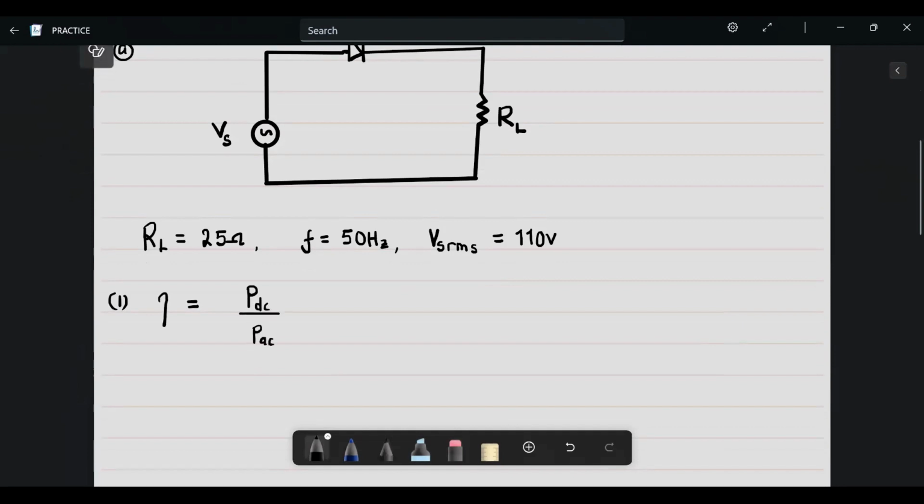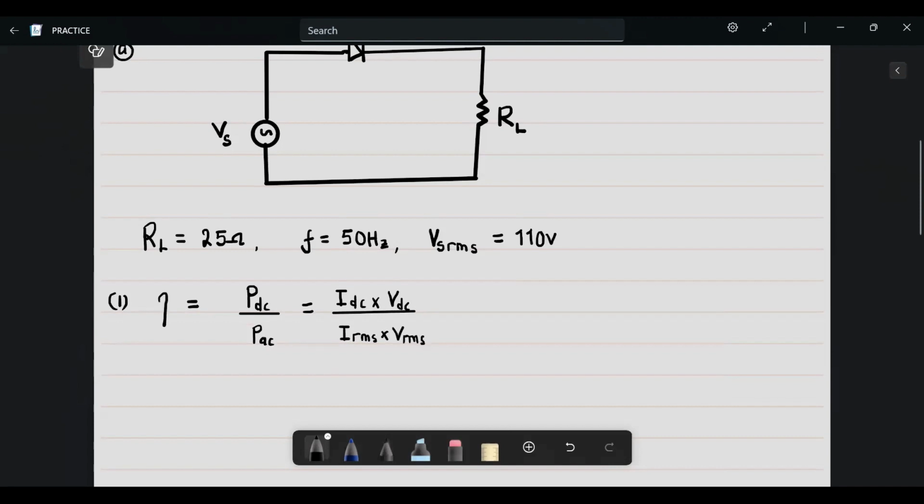So this DC power can be calculated as the product of the average DC current times the average DC voltage. And then the AC power can be calculated as the product of the RMS current times the RMS voltage.